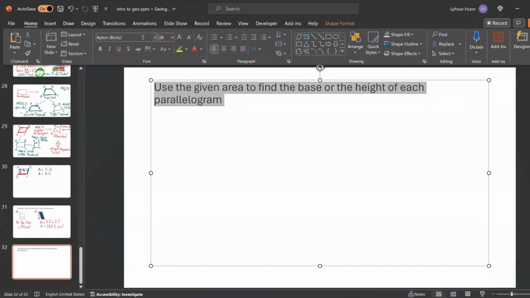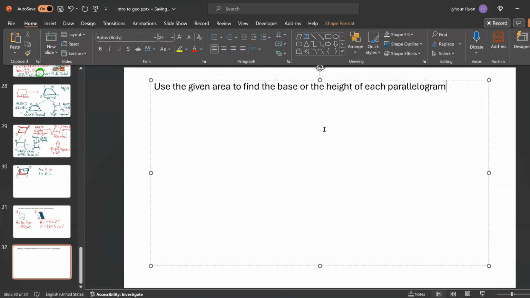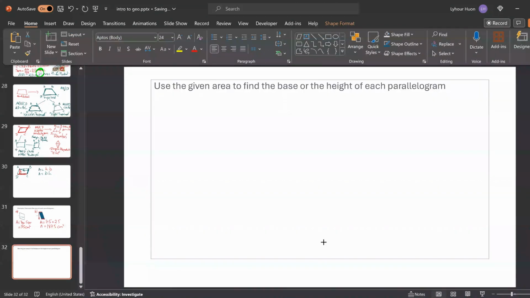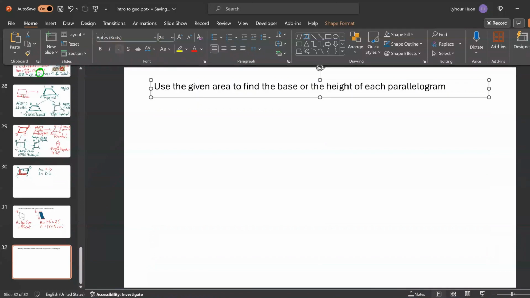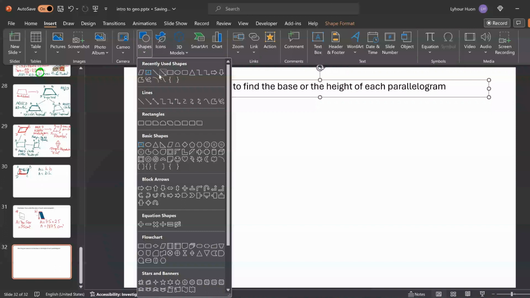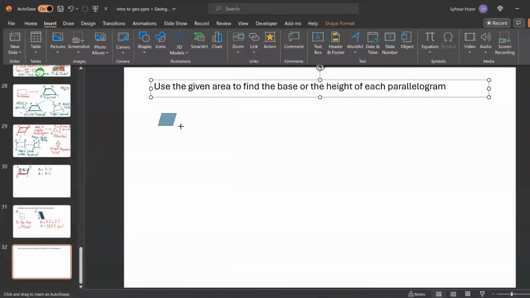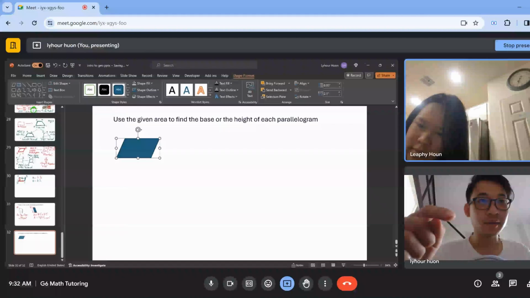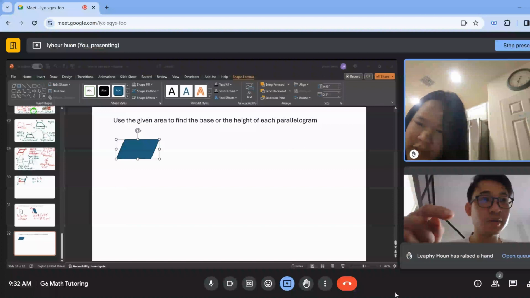Okay, here, wait, draw a picture quickly. No, sorry, I did that by accident. Did you see that? The raising my hand. The raising the hand.